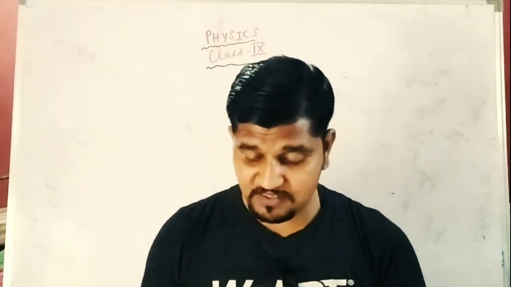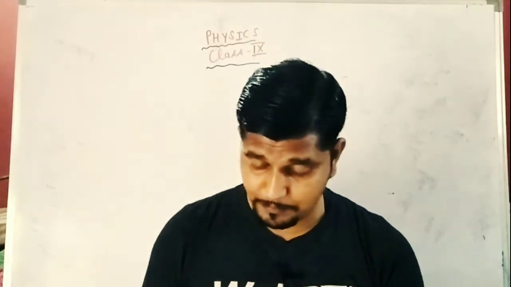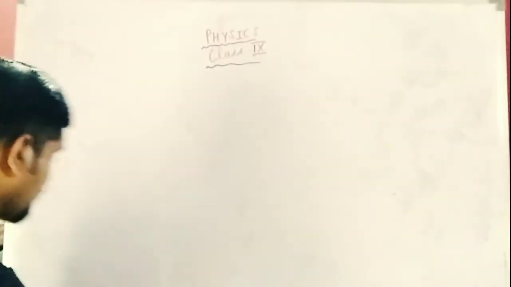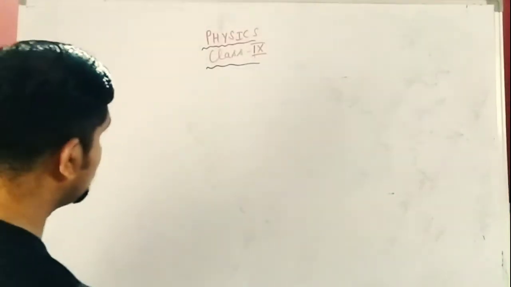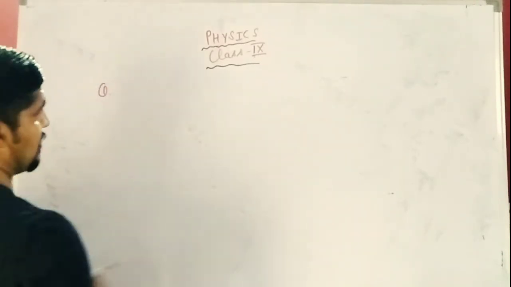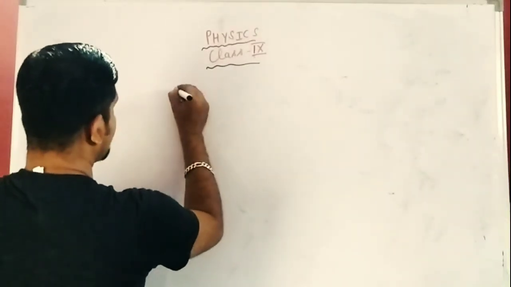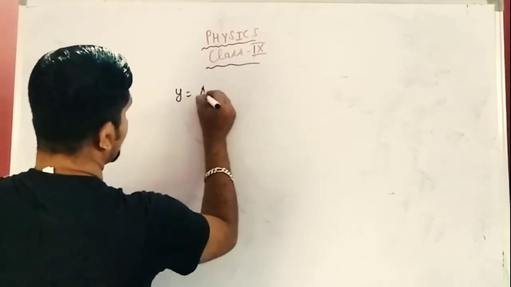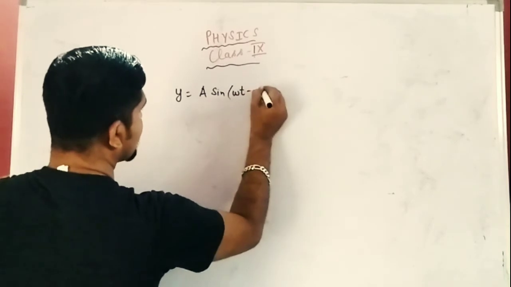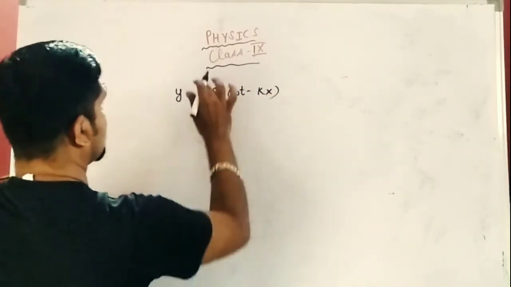Find the maximum velocity of the particle. So what will be given to us? We will be given the position of the particle as y is equal to a sine omega t minus kx.